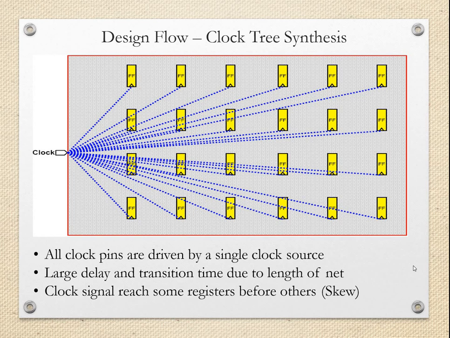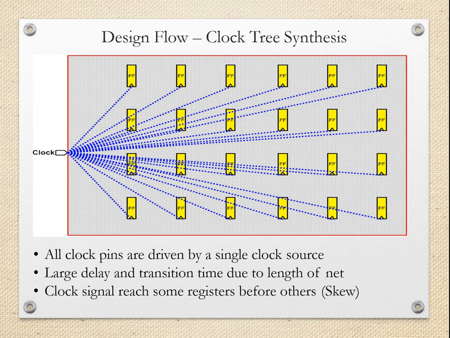Then about the clock tree synthesis. All the clock pins are driven by a single clock source. Large delay and transition time due to the length of the net will be considered, and the clock signal reaches some registers before the others. That is called the skew. If the clock signal is reaching at different times, then those delays should be equalized.